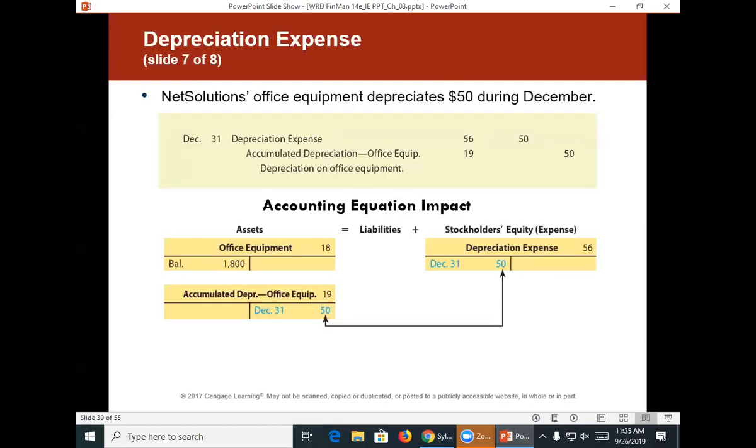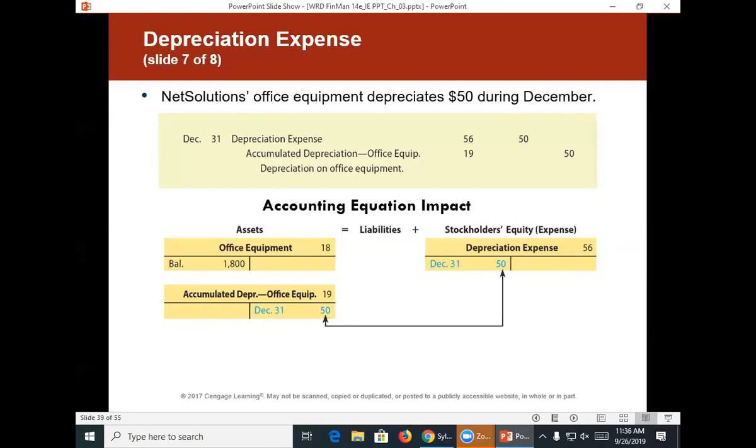Okay. This is showing like an actual adjusting entry where we have office equipment that has depreciated $50 probably in the month. So we had $1,800 of office equipment debit. We debited depreciation expense $50 and credited accumulated depreciation $50.